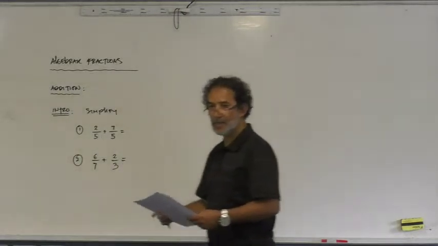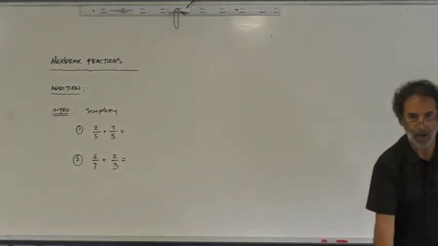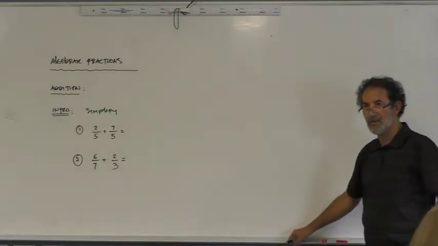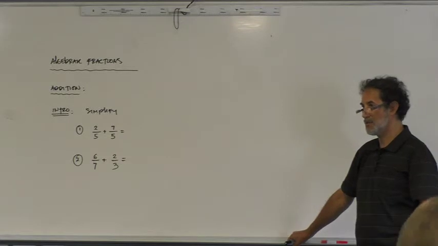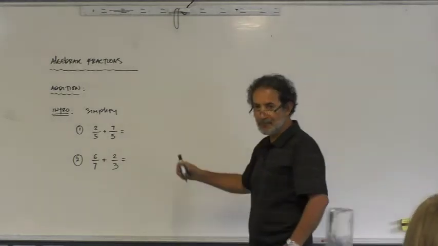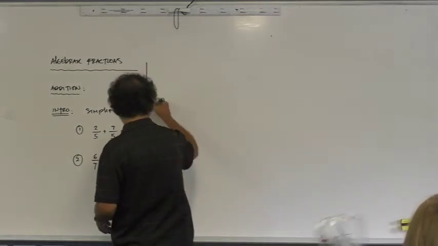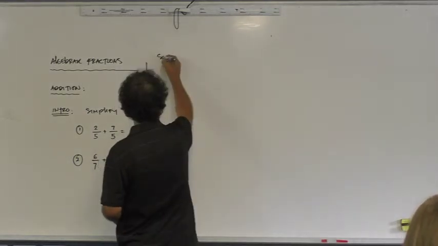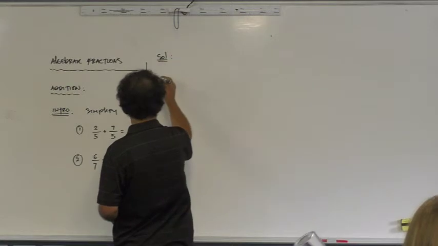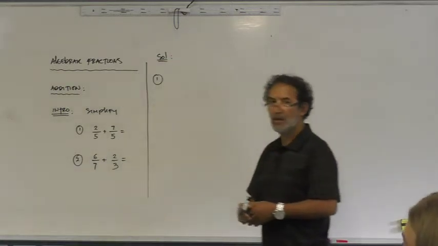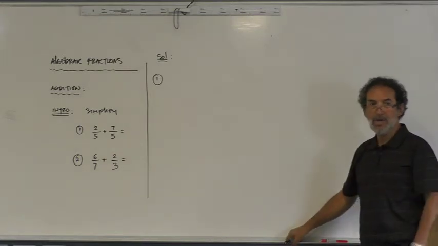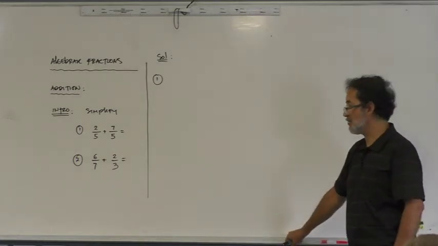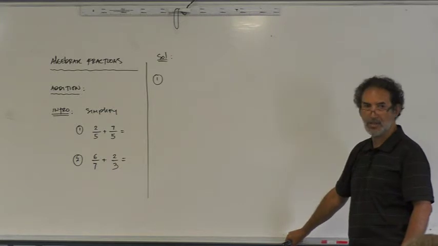7. I don't know. Okay, so we're going to have to remember a little bit about what we did in year 7. So we're going to have to remember how to do it. Question 1, we have to add two fractions with the same denominator.